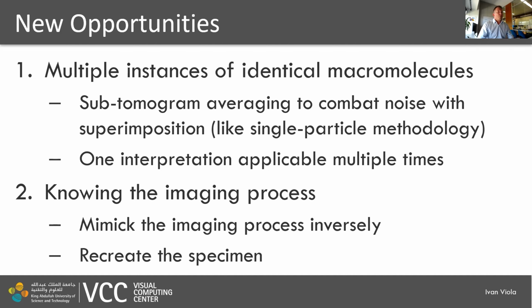This can be used, and in fact it is used for techniques like subtomogram averaging, where you are picking these various elements from the volume, you are co-registering them so that they overlap, and through the approach of superimposition, you can combat noise, because the signal will be the same after the registration, or very similar among these individual instances, while the noise will vary. And based on the superimposition, you can then cancel out the noise by having several samples superimposed.